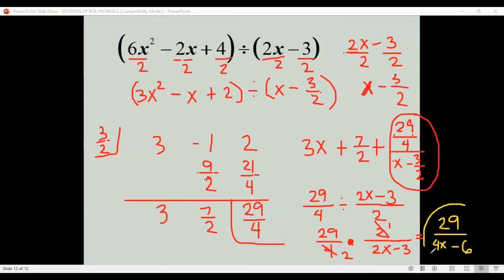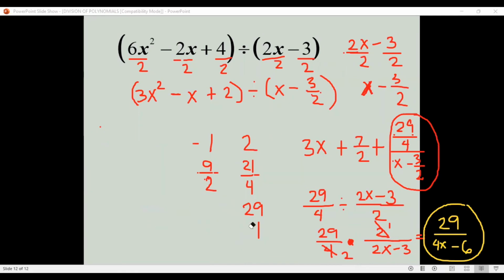So again, you are going to have that added to 3x plus 7 over 2 plus 29 all over 4x minus 6. Okay, we can actually check that making use of long division, though I discussed that in another video. We will try to prove if we are really getting the correct answer, making use of our long process. So let's find out.